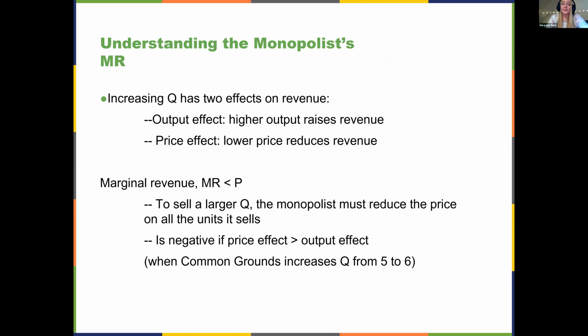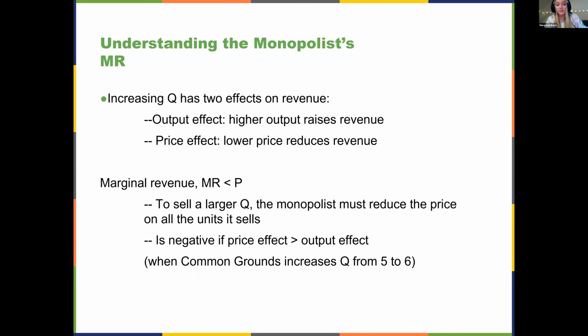So again, these are just more points to help you solidify where exactly this new marginal revenue curve is coming from and why it's downward sloping and looking the way it does. In general, for a monopolist, increasing the quantity has two contrasting effects on revenue. If the monopoly decides to increase the amount of product that they're selling, that could potentially raise revenue, right? If they sell more items, then they're going to bring in more money.